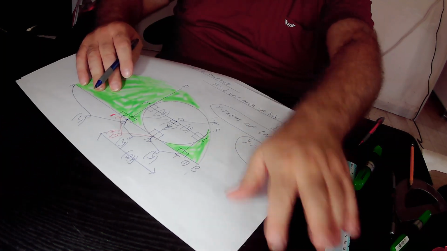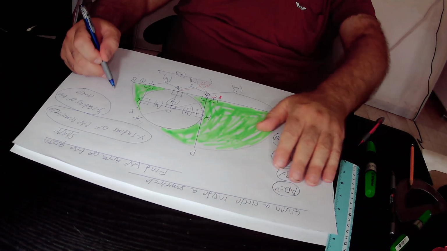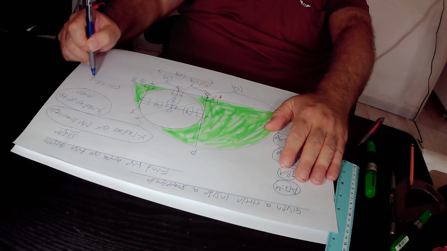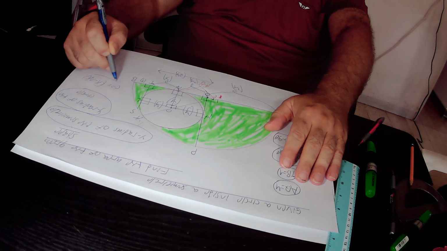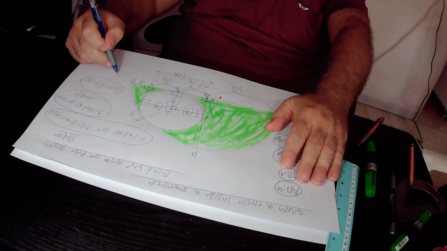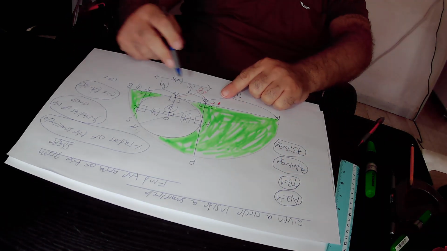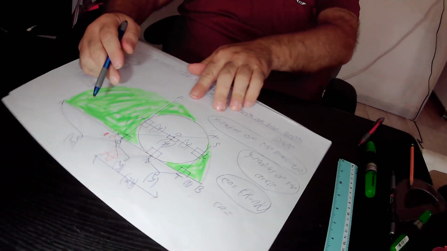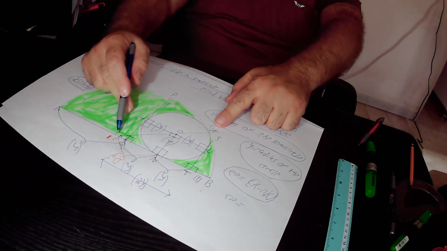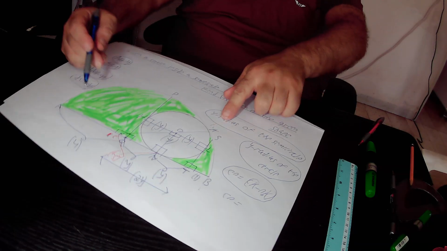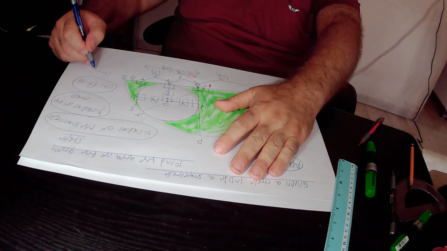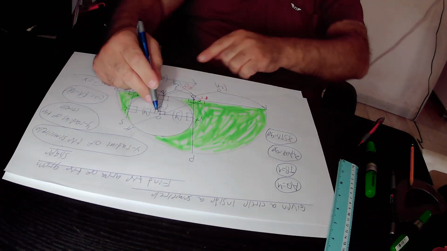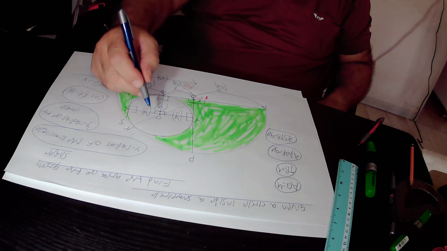So I write it down. CO equals CK minus OK. CK is the radius of the semicircle, which equals x, minus OK. OK is the radius of the small circle, which equals y.